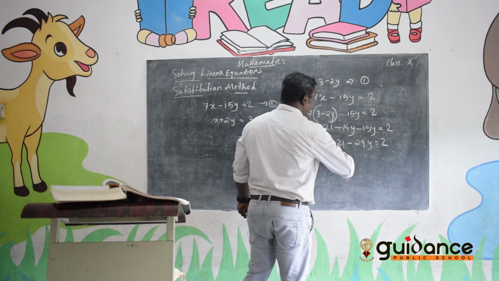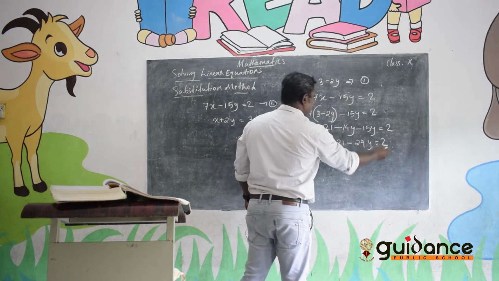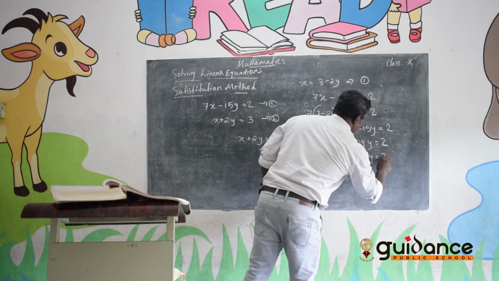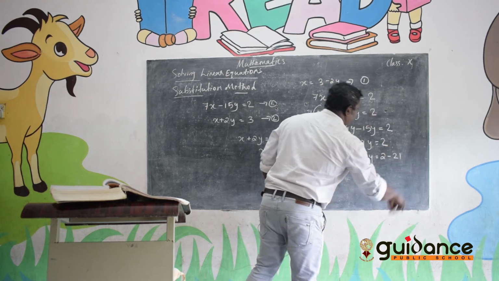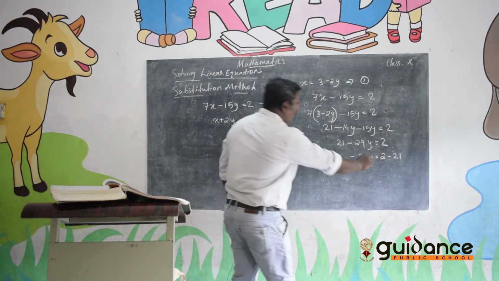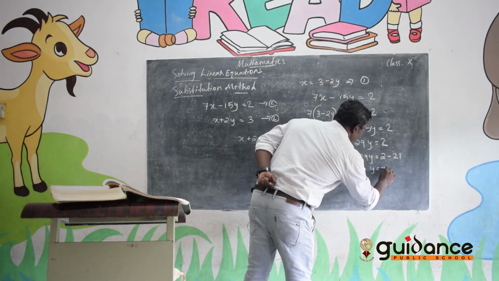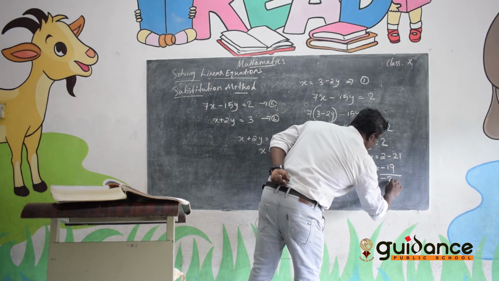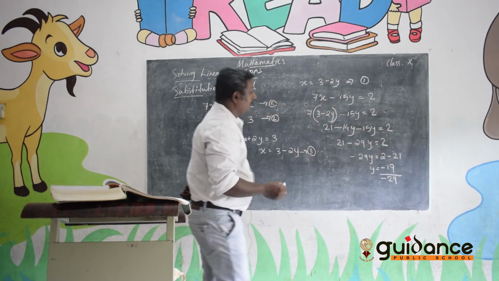Then we bring the 21 to the right side, that is minus 29y equal to 2 minus 21.